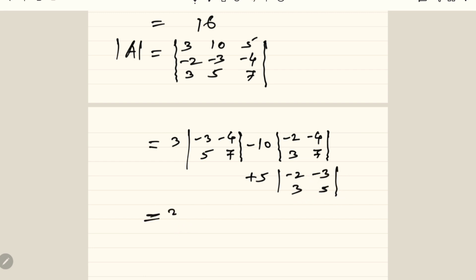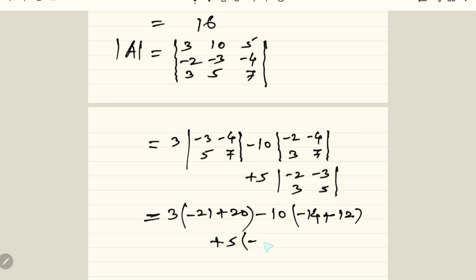Simplifying it, 3 into 7 3s are -21, minus minus plus, 5 4s are 20, minus 10 into -14, minus and minus plus 12, plus 5 into 5 2s are 10, minus 10 and minus minus plus 3 3s are 9.